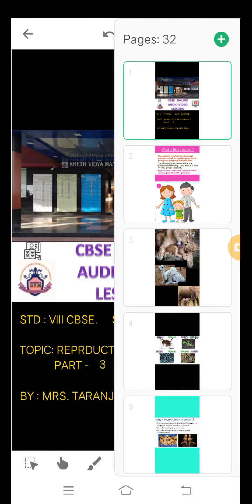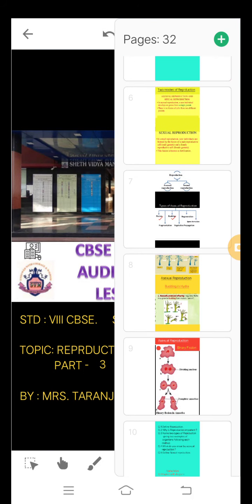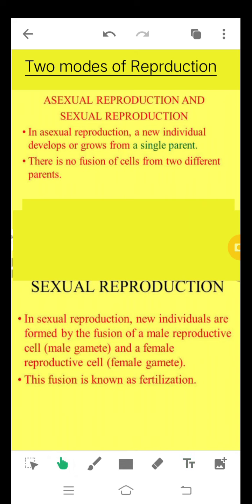As we all know, sexual reproduction means new individuals are formed by the fusion of a male reproductive cell and a female reproductive cell.